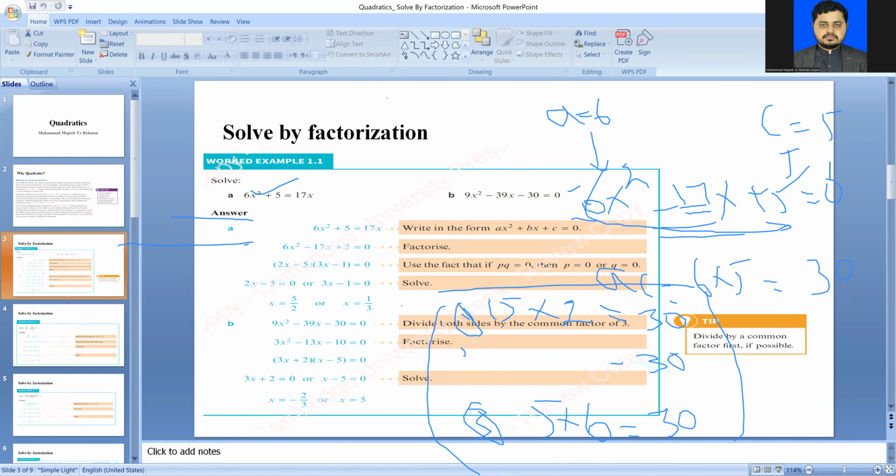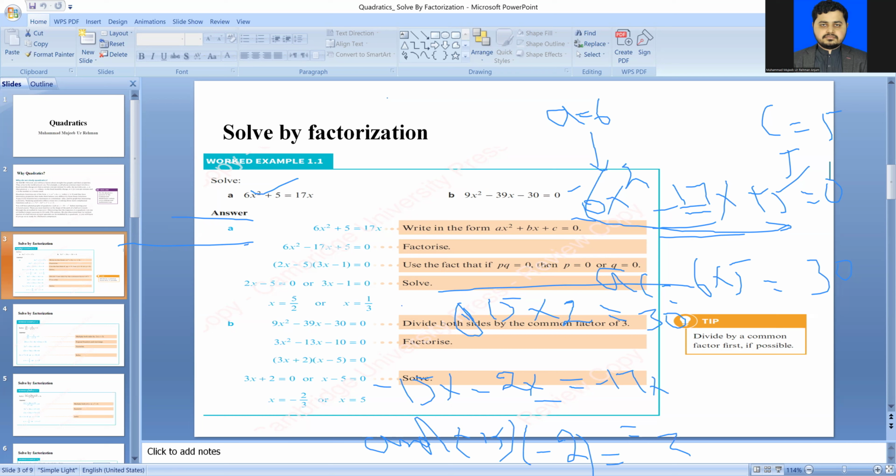Above all these choices of factors, we will only choose 15 and 2. This is due to the fact that minus 15x minus 2x becomes minus 17x, and when multiplied, minus 15 and minus 2 also become 30.